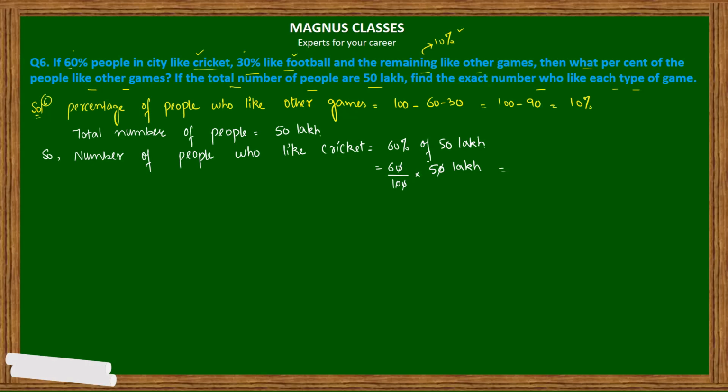So 5 and 6 are left here, 5 into 6 is 30 lakh. 30 lakh people like what? Cricket.